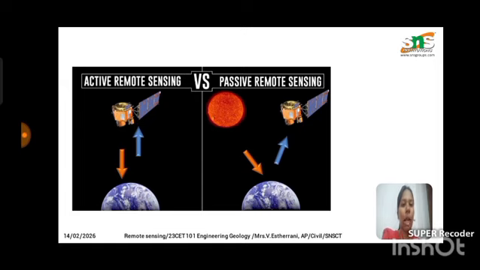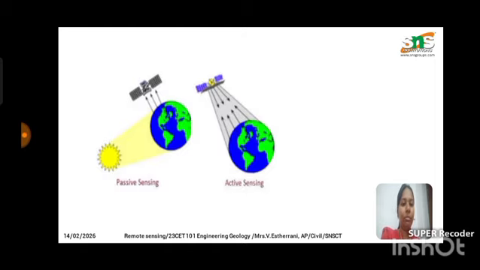Passive remote sensing requires an energy source, that is, it requires sunlight. The information will be indirectly captured by the satellite. That is called passive remote sensing.